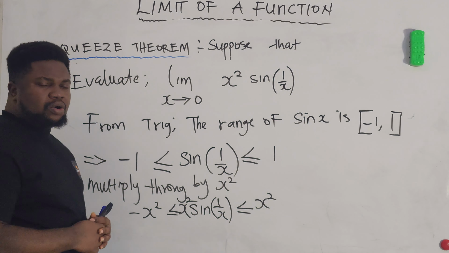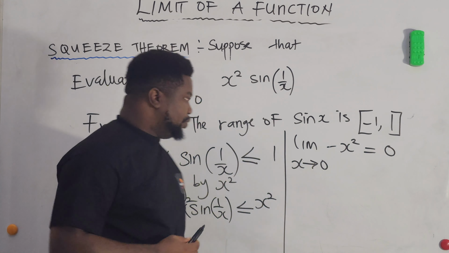Yes, let's try it out. Now, what do we do? We simply go ahead to evaluate the limits on our boundary. So let's see what happens. The limit as x approaches 0. For the left hand side, I'll have minus x squared. And this is what? 0. Because when x goes to 0, I'll have minus 0 squared, which is 0.